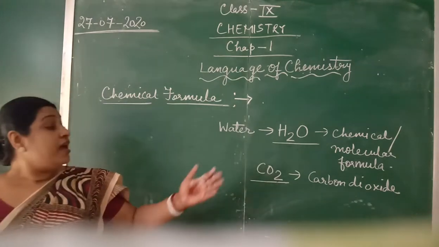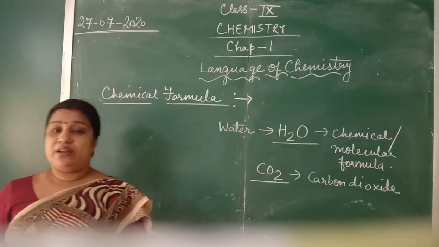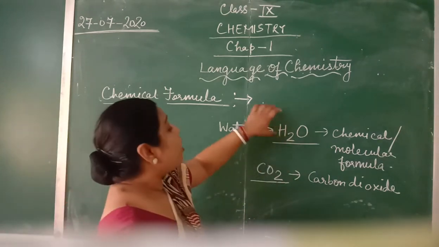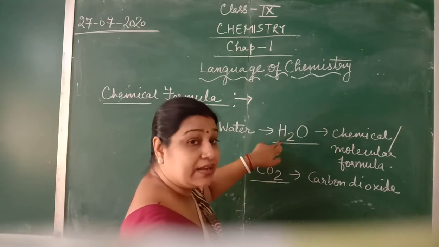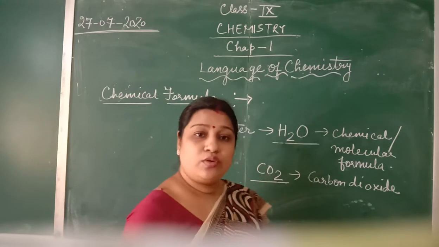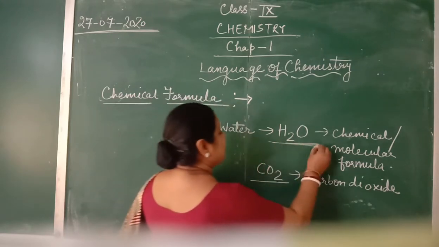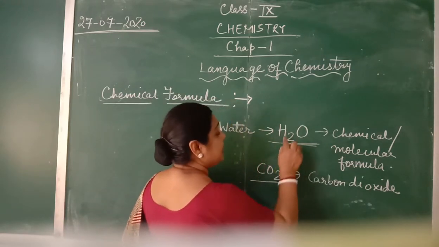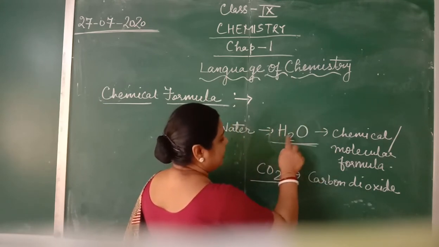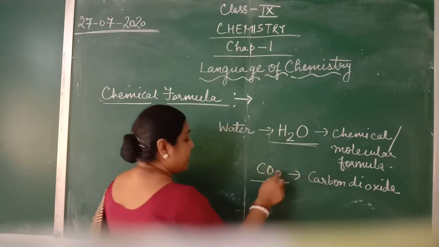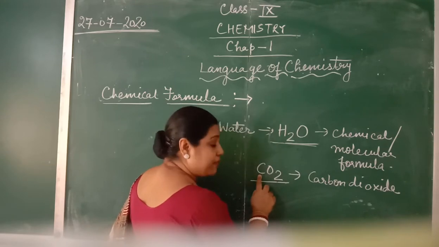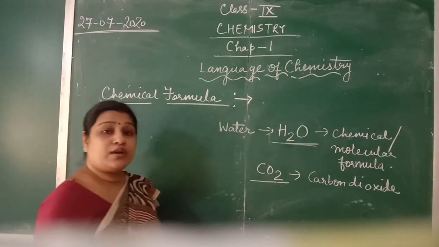The second information that the chemical formula gives us is how many atoms of each element are present in 1 molecule of that compound. Like by seeing this formula, we understand that in 1 molecule of water, there are 2 hydrogen atoms and 1 oxygen atom. In 1 molecule of carbon dioxide, there is 1 carbon atom and 2 oxygen atoms.